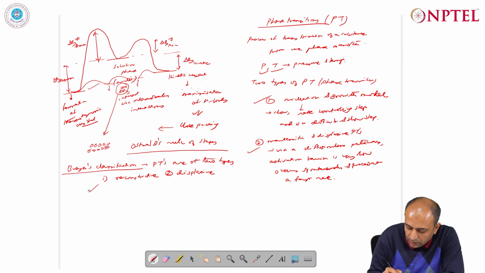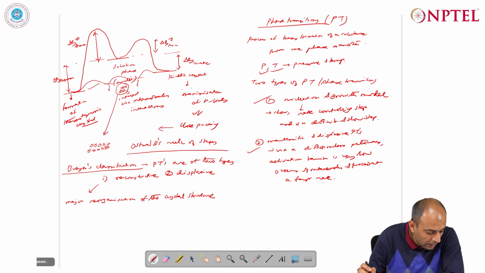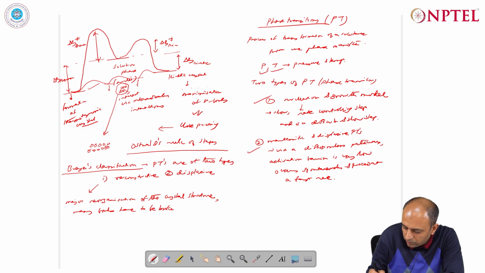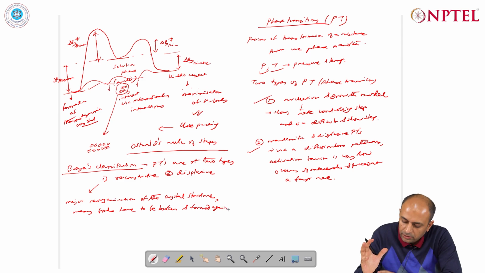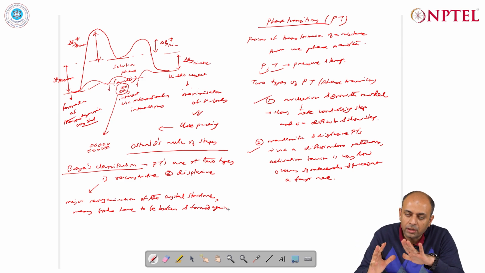In the case of the reconstructive phase transition, there is a major reorganization of the crystal structure, in which many bonds have to be broken and formed again. A reconstructive phase transition is one where you actually disrupt the parent structure and then form the new crystal structure.